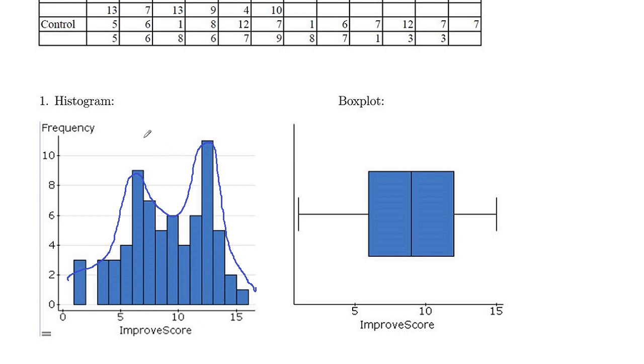But it is bimodal, so it's not symmetric. But we don't have any extreme outliers, at least. Because there's a little gap in the data, but there's not big gaps in the data.